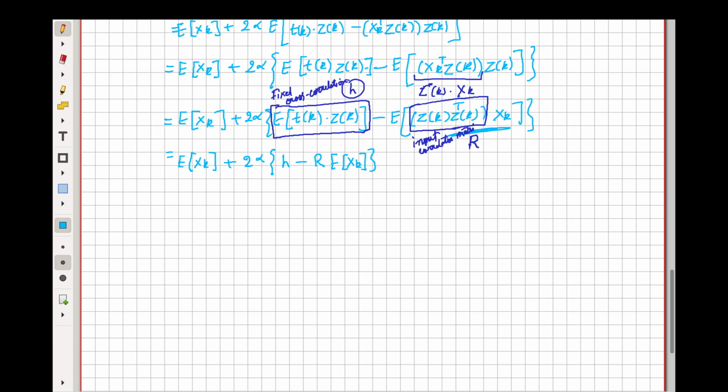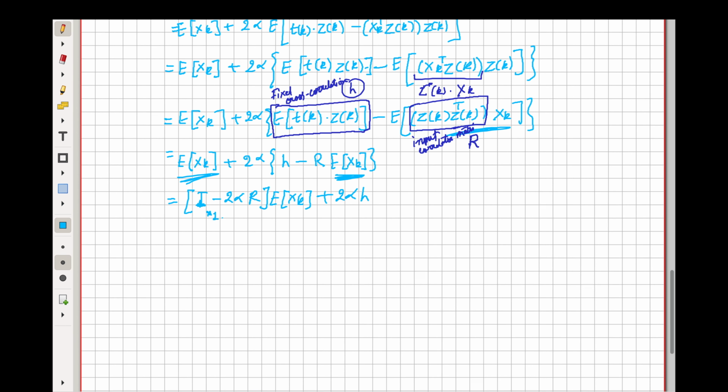Now we can group this x_k and this x_k to get (I minus 2 alpha R) times the expected value of x_k plus 2 alpha H, where I stands for the identity matrix. That's just saying that it acts like the value 1: if you multiply any matrix by it, you get the same matrix back.